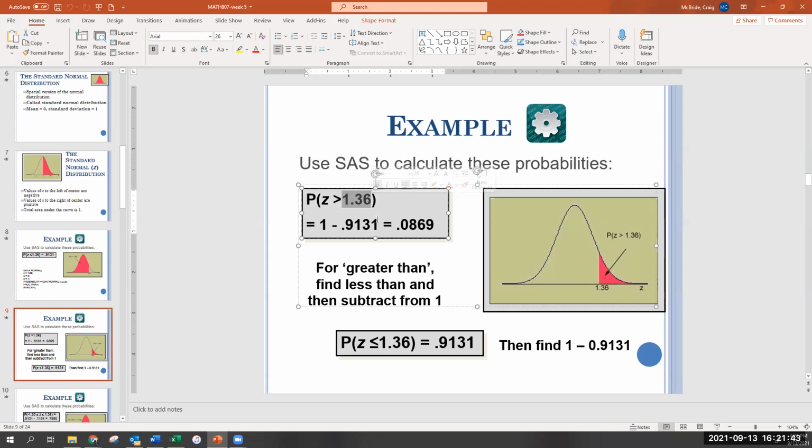But when we throw that into technology, and it doesn't matter if you're going to use Excel, SAS, R, a TI calculator, whatever, they always default to the standard CDF function, which always accumulates things from the far left-hand side up, right? In the binomial distribution, the farthest left you could go was 0, right? Everything was 0 and above in a binomial because you couldn't count negative things.